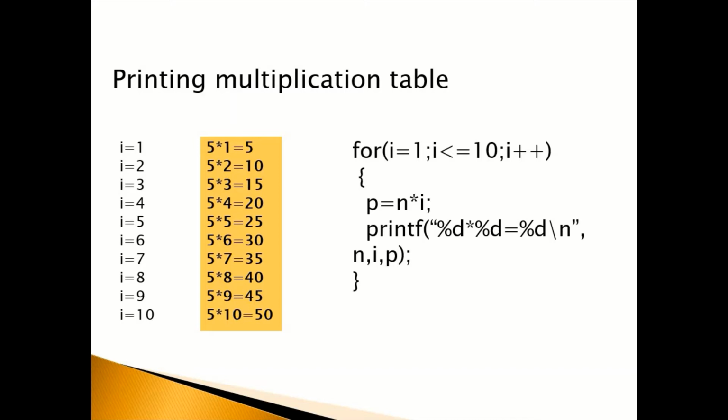This is how the multiplication table can be generated by using a for loop. In place of the for loop, you can make use of any loop, that is a while or do while loop.